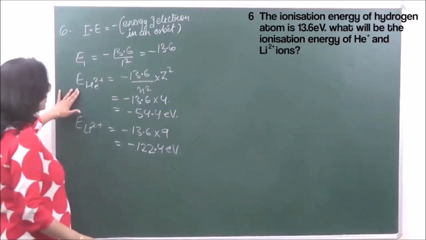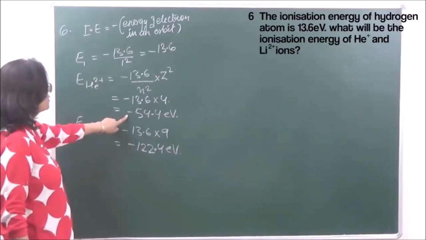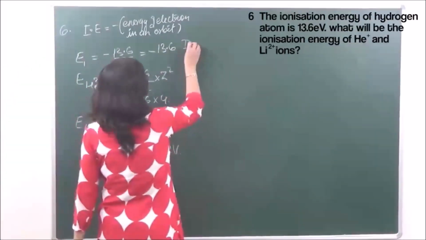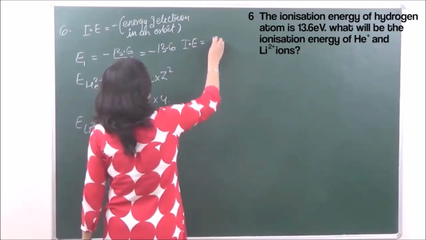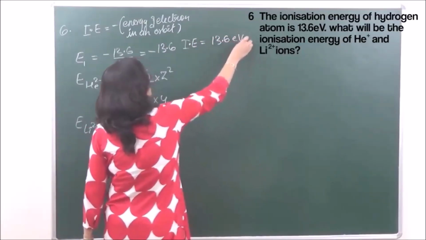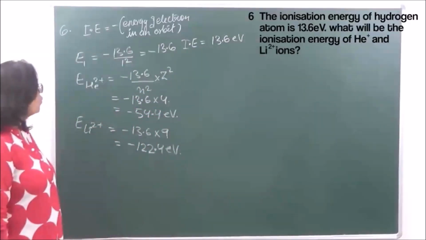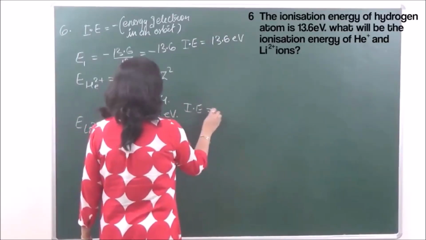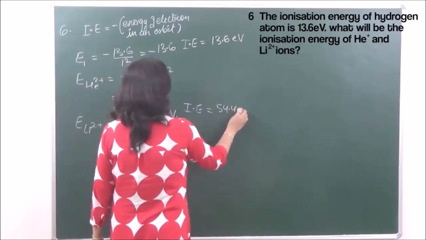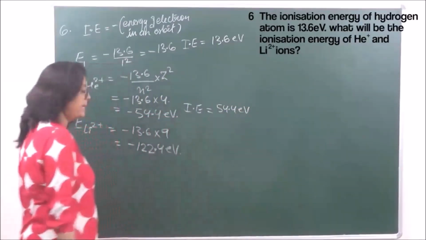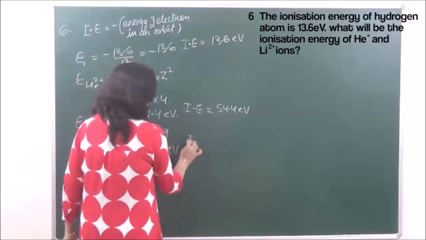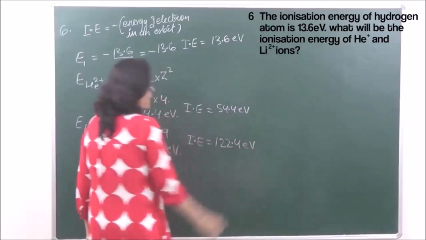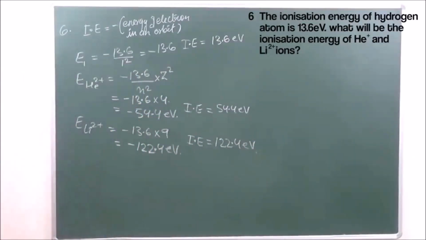What are going to be the ionization energies now? When we talk of ionization energy, it will have the same value, but it is going to be positive. So the ionization energy for hydrogen is 13.6 electron volt. Similarly, for helium it is 54.4 electron volt, and for lithium it is 122.4 electron volt.